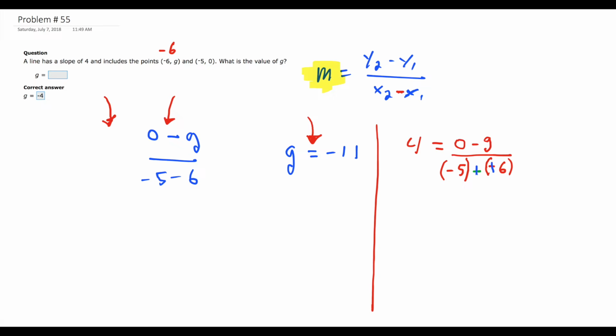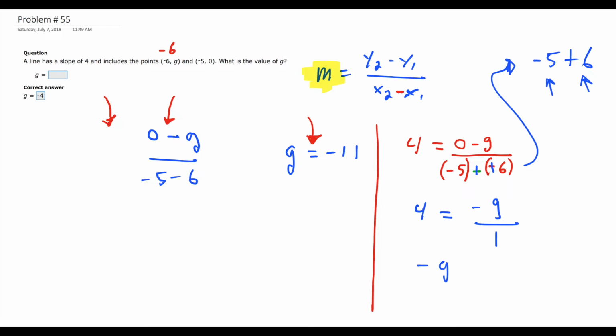So it's really plus, and then you end up with 4. What's on top? Negative g over... subtract the 2 and take the sign of the bigger number. And 6 is positive, and you're subtracting, so it's positive 1. You can get rid of the 1, and then you end up with negative g equals positive 4. And then g equals negative 4.